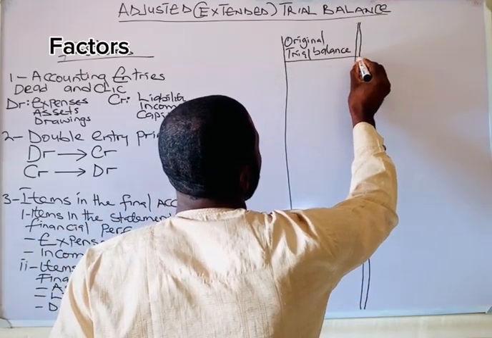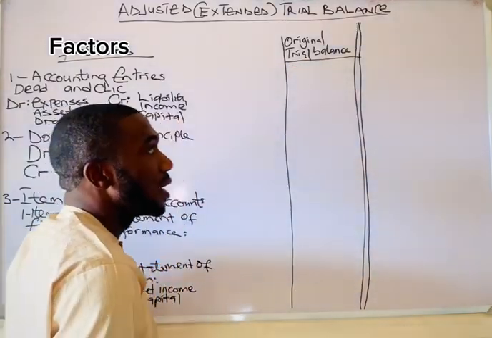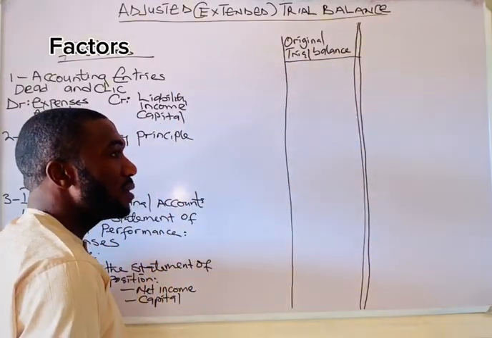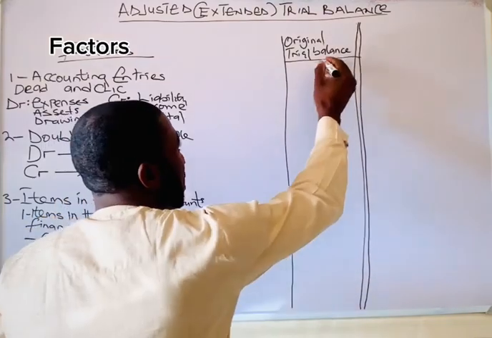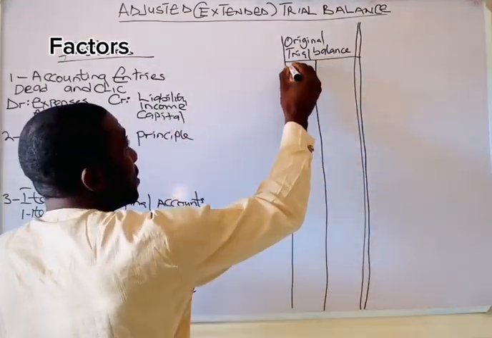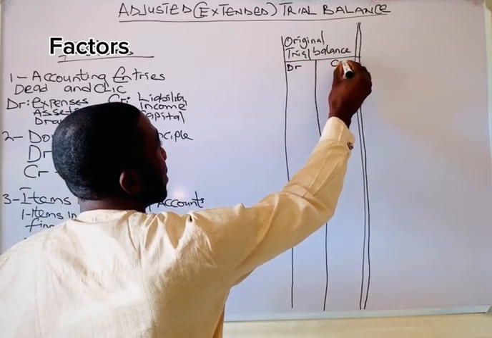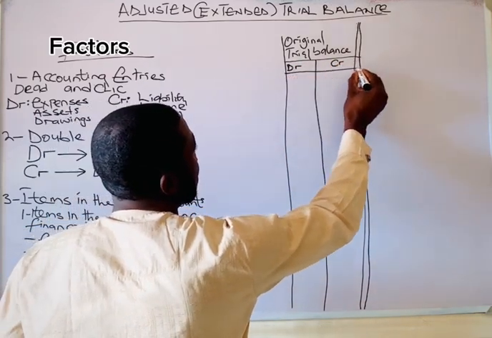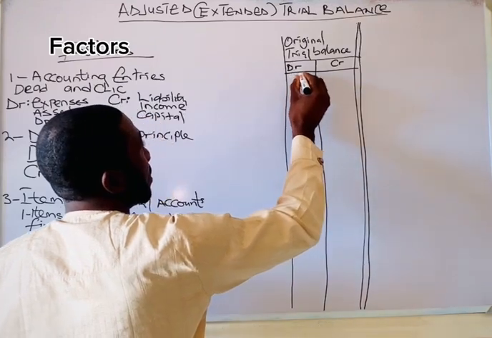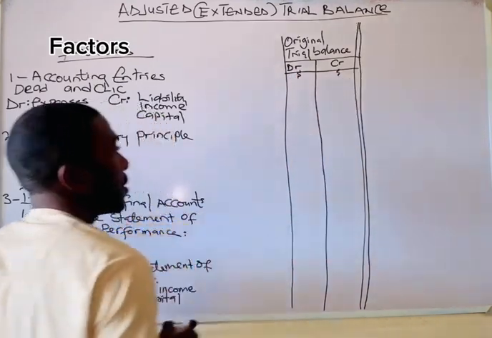Simple as that. And the trial balance, as we all know, has two sides: the debit side and the credit side. Let's say this is our debit side and this is our credit side. We have our currency in dollar.